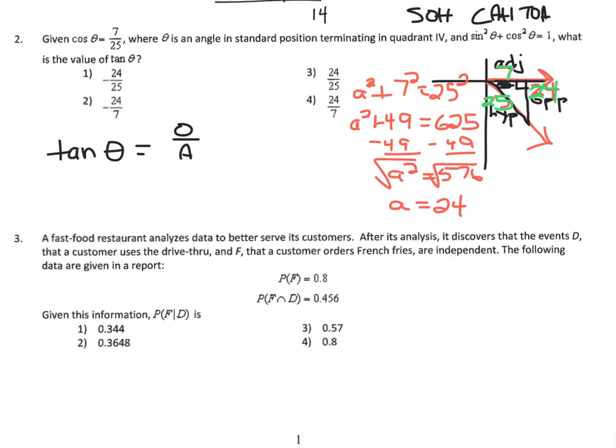So if we're in the fourth quadrant, all students take calculus, C, cosine, and its reciprocal trig function of secant are the only trig functions that are positive in the fourth quadrant. So tan is negative. All right, so then let me bring down the negative sign. And opposite is 24, and adjacent is 7. So we're left with negative 24 over 7, which is choice 2.